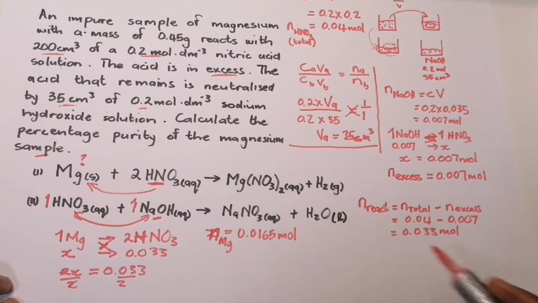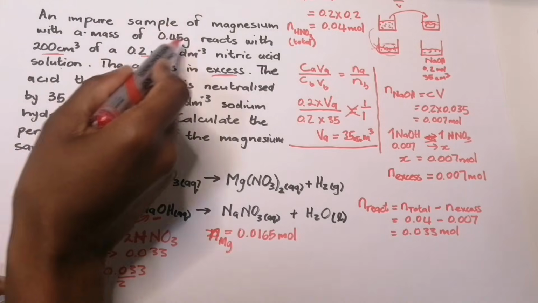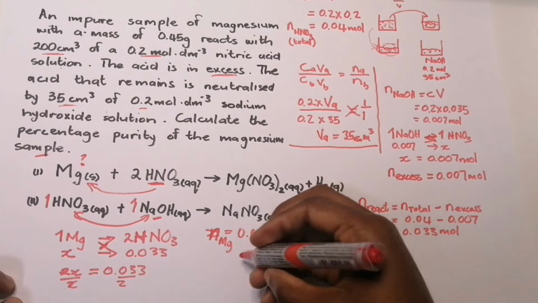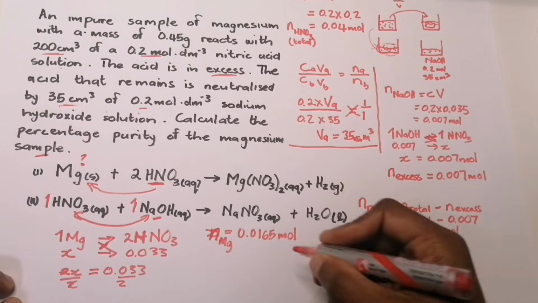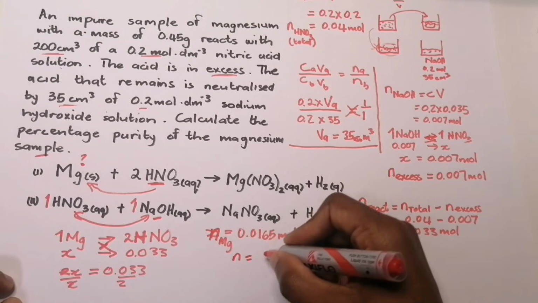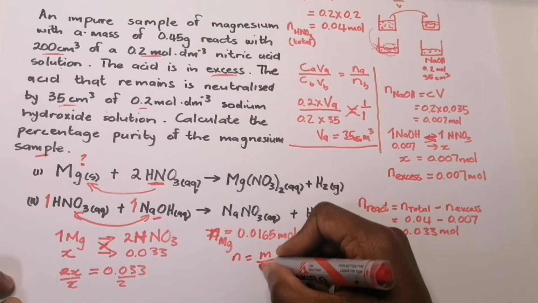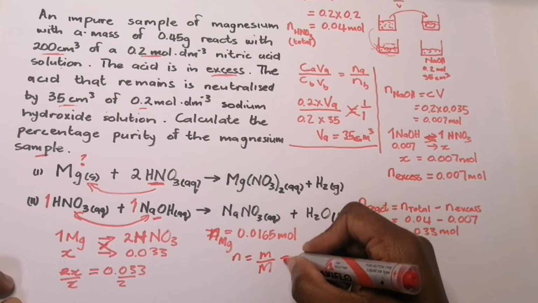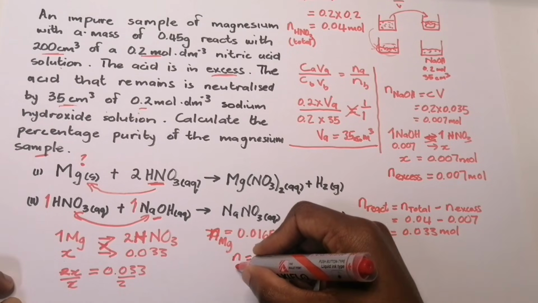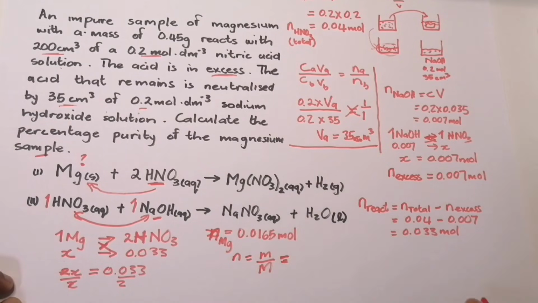Remember, I've got the total mass of the impure sample, but now I want the pure amount of magnesium. So all I'm going to say is number of moles is mass divided by the molar mass. So I already have the number of moles of magnesium.